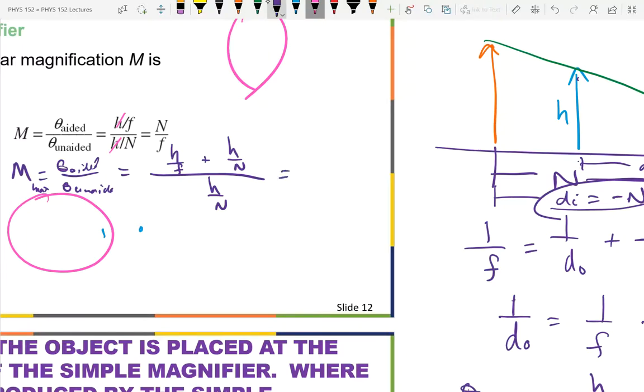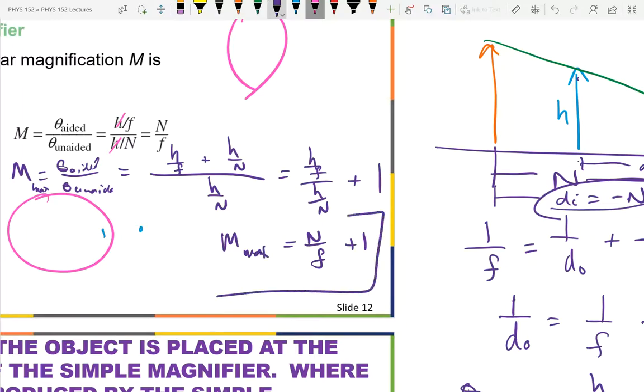Well, that's actually really easy. I just broke it up into two different fractions. The first one is what we found before. So the maximum magnification you can get with that simple magnifier is equal to your near point divided by the focal length of the simple magnifier, plus 1.